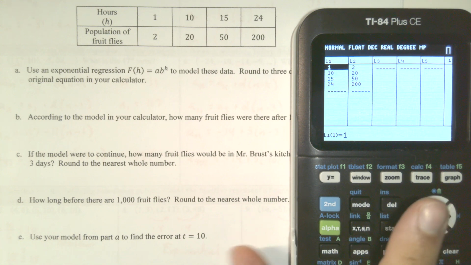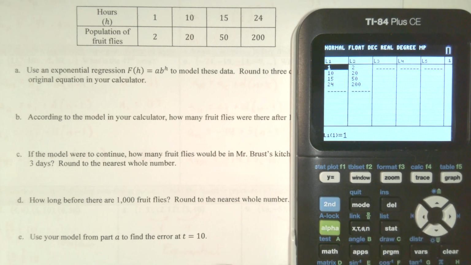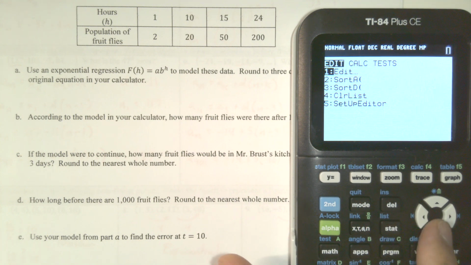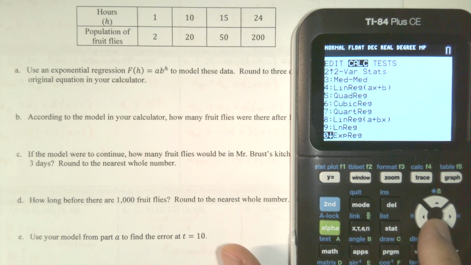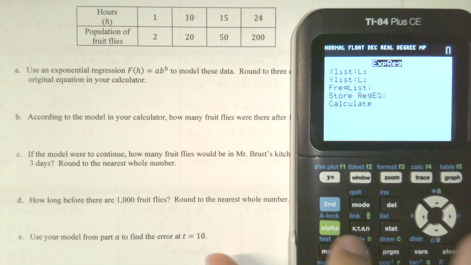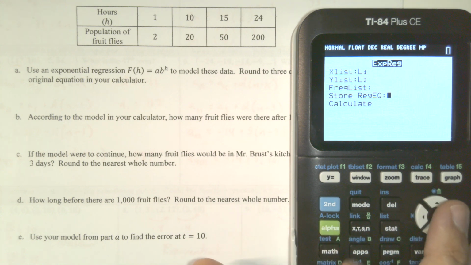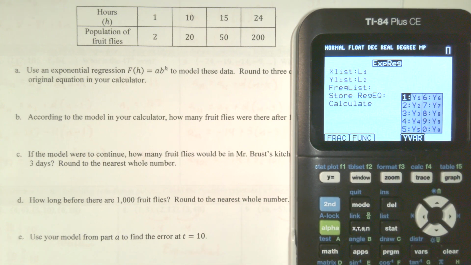But once you have your data in for L1 and L2, we're going to go back to stat and go to calc, and then scroll down to exponential regression and hit enter. It should autofill your x and y list as L1 and L2, and we're going to scroll down to store regression equation, and that's where we want to store it: alpha, trace, and hit enter for y1.